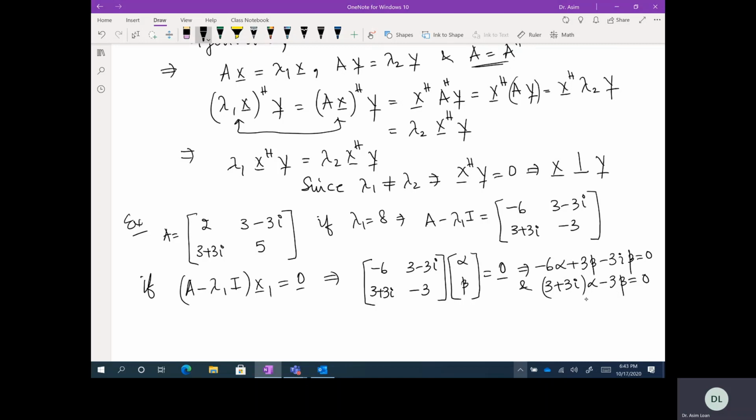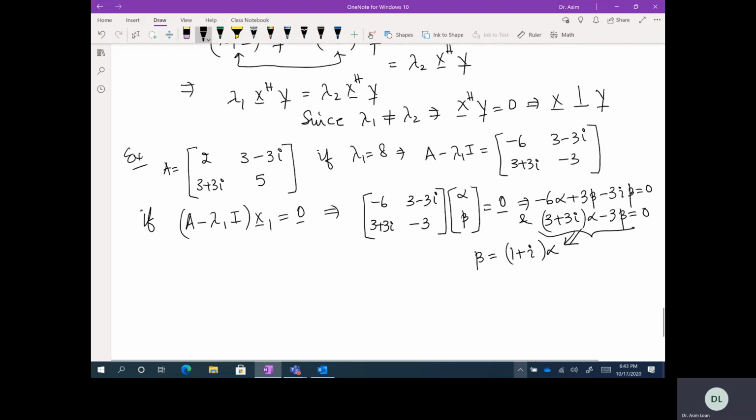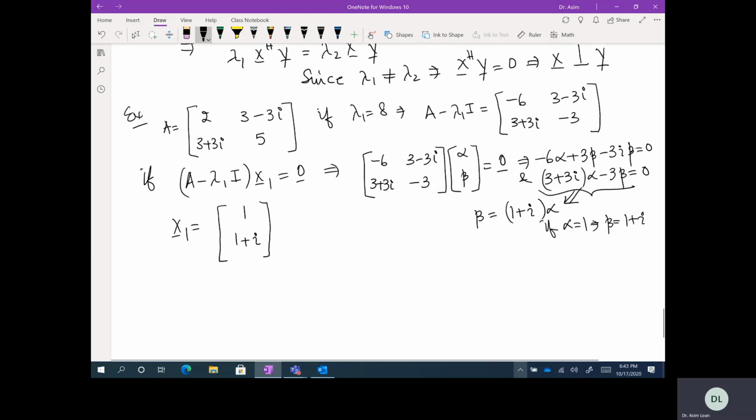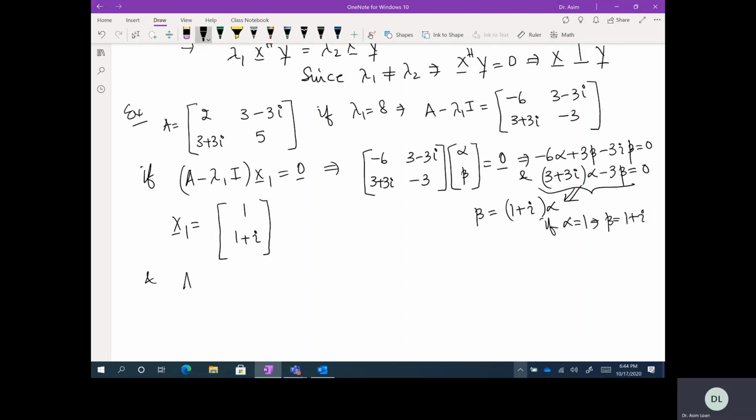So from this equation, I have beta is equal to (1 plus i) into alpha. So if I pick alpha equals 1, this implies beta is equal to 1 plus i. So x1 equals [1, 1 plus i].